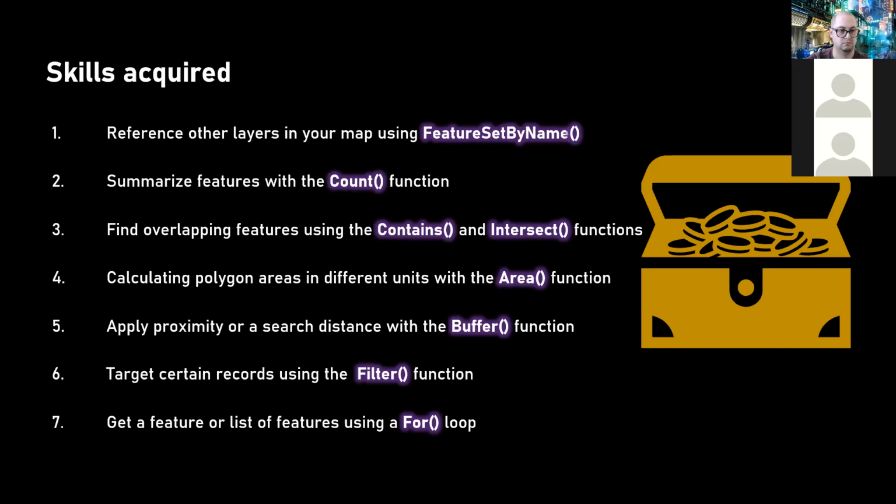And we used the filter function to target certain records. And finally, we learned how to use a for loop to create a list of overlapping features of the layer. So a lot. Yep. Awesome. All right.